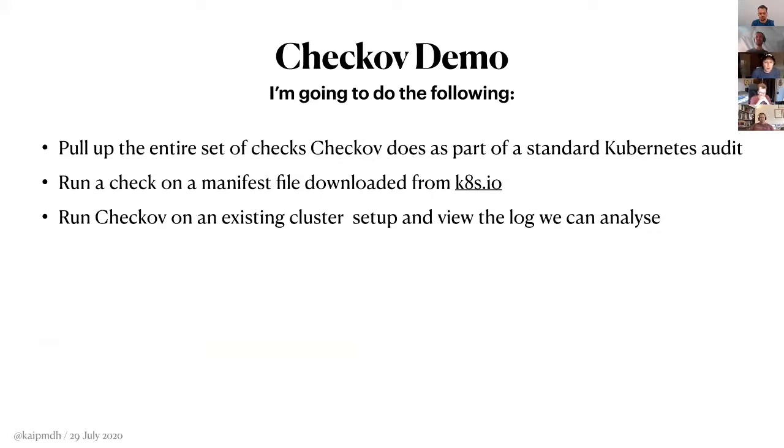We're going to run a check on a manifest file that I've pulled from k8s.io, so it's a recommended piece of thing. But as I mentioned earlier, Checkov is incredibly opinionated out of the box. So you'll see it spits out a bunch of, not errors as such, but just failed checks. And then we're going to run it on an existing cluster setup and view the log that it creates.